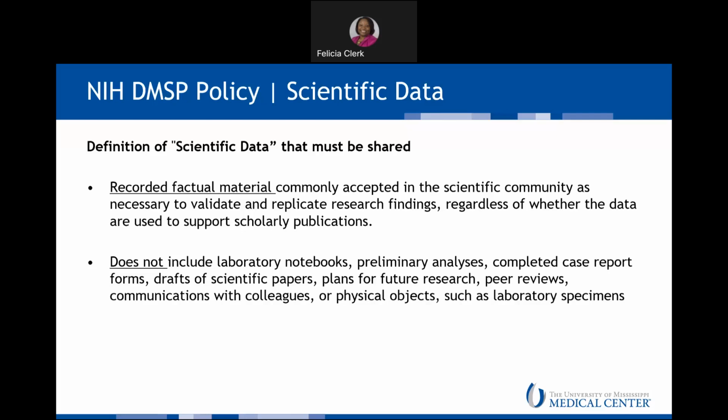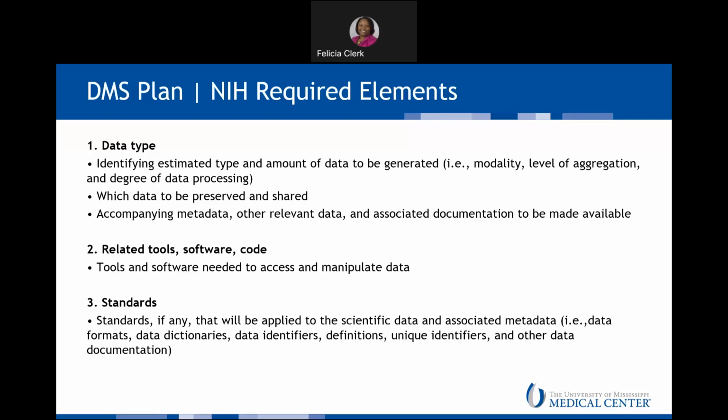It does not include your laboratory notebooks, any preliminary analysis, peer reviews, or any communications with your colleagues, physical objects, or any laboratory specimen. So they use a broad term for scientific data. I am hopeful that in the future, as this plan is required before the end of the year, they will nail down exactly, get a little bit more detailed about the scientific data portion and what they're requiring.